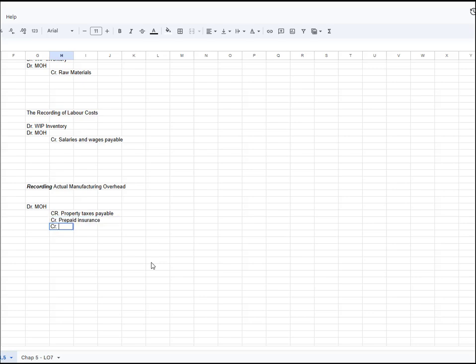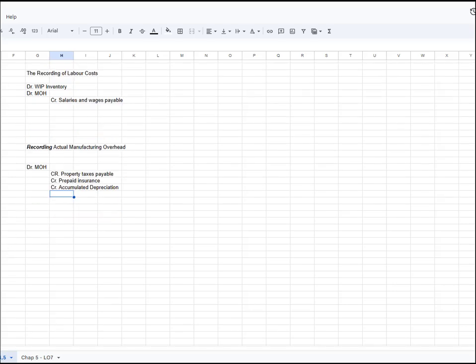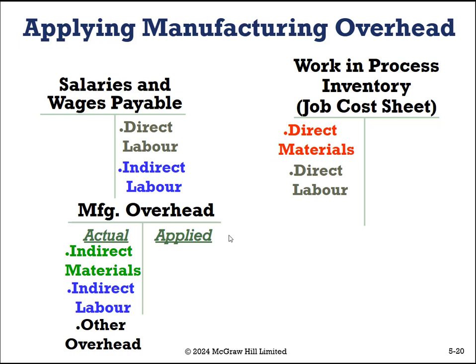This could also look like accumulated depreciation. So again, instead of it going to an expense account, because it's not being expensed, at least not right away, it is being captured in our work in process inventory via our indirect product costs, via our actual manufacturing overhead. All right, so we have our actual manufacturing overhead. Let's take a peek at what we do next.